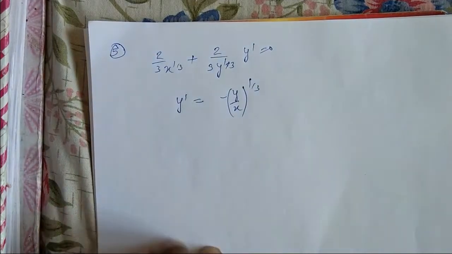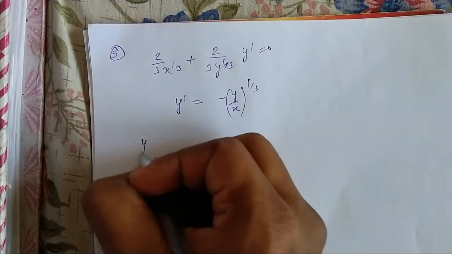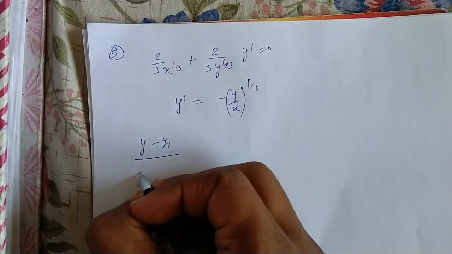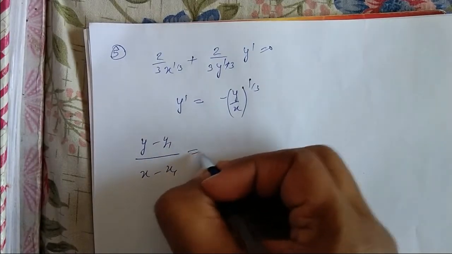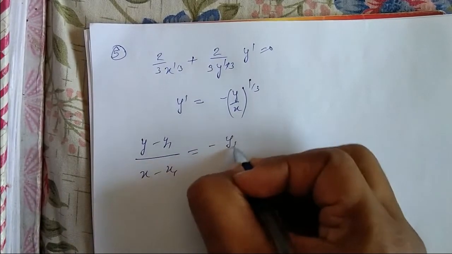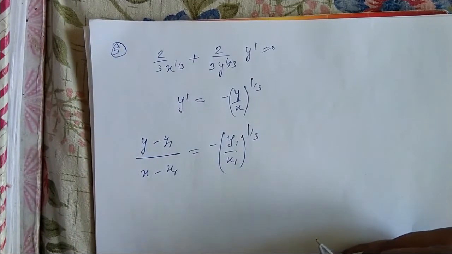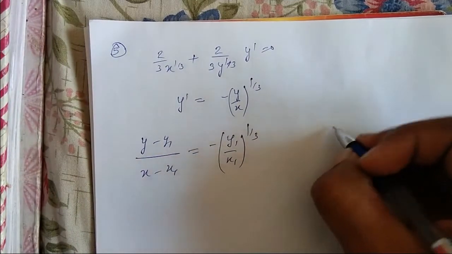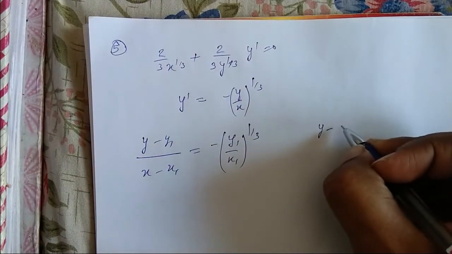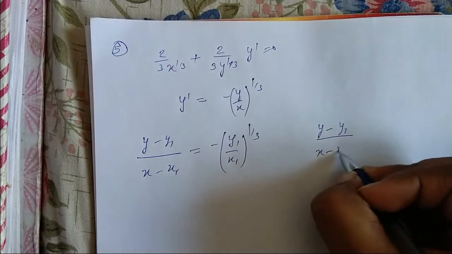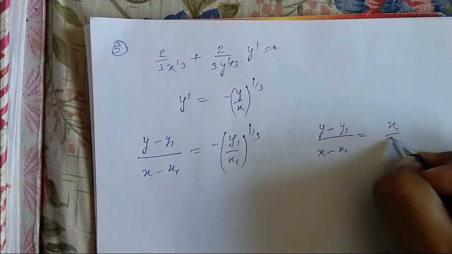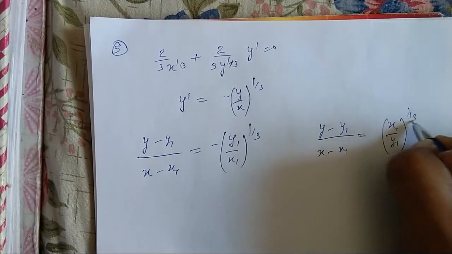Writing equation of tangent, we get y minus y1 upon x minus x1 is equal to minus y1 by x1 power 1 by 3. And writing equation of normal, we get y minus y1 upon x minus x1 is equal to x1 upon y1 power 1 by 3.